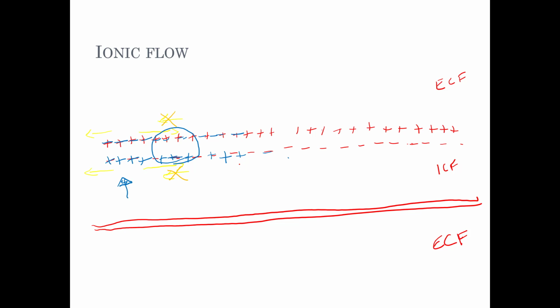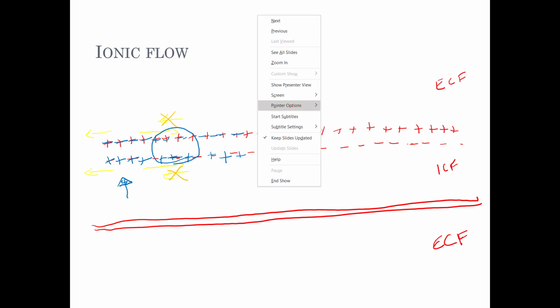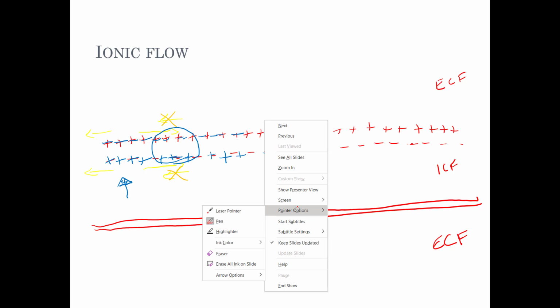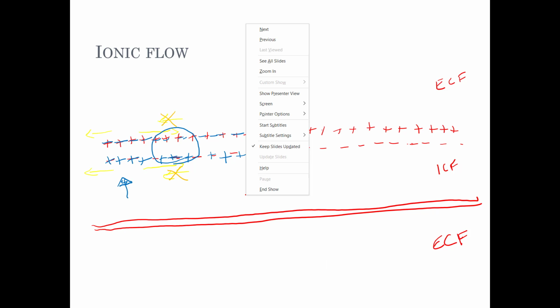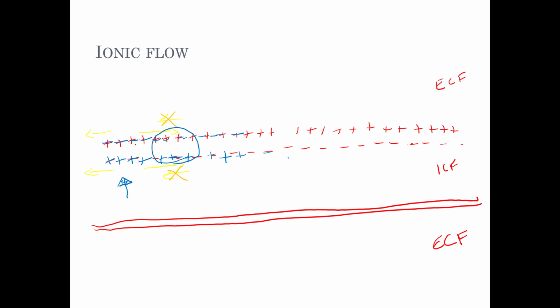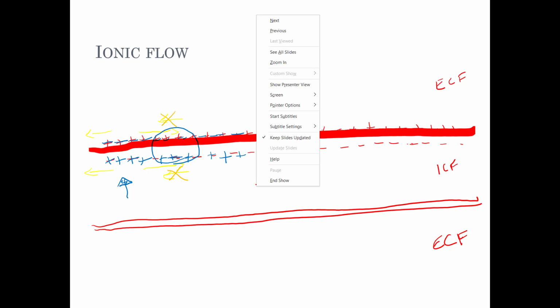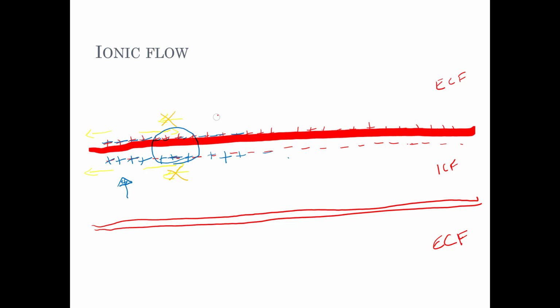Okay, so I'm just going to leave that here. I'm going to go back to my red pen. I'm having trouble getting the right color here. Okay, my red pen, and I'm going to draw. Oh boy, that's a nice thick cell membrane. Oh well, there we are. I did not want this to be the highlighter, though. It's the pen. Okay, so we've got our cell membrane back.